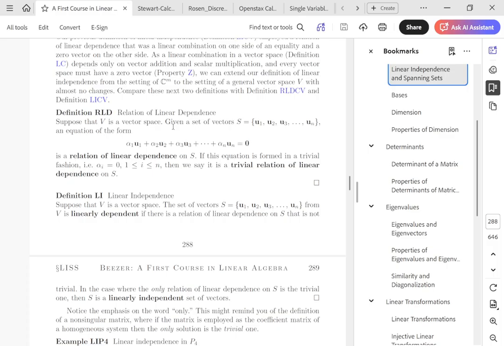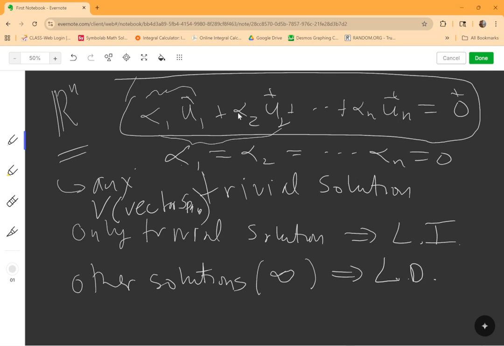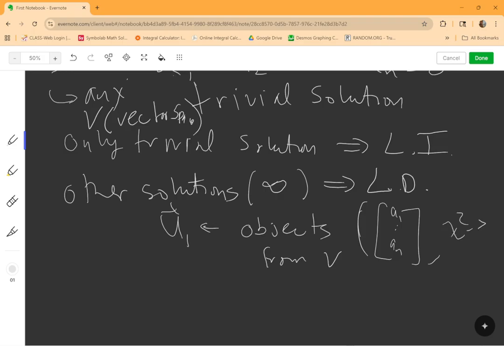Okay, so a couple of things to think of when we are dealing with this definition. Again, as always, think of these vectors as objects from a vector space V. Maybe it is a column vector A1 through AN, maybe it's some kind of polynomial, maybe it's some kind of matrix.